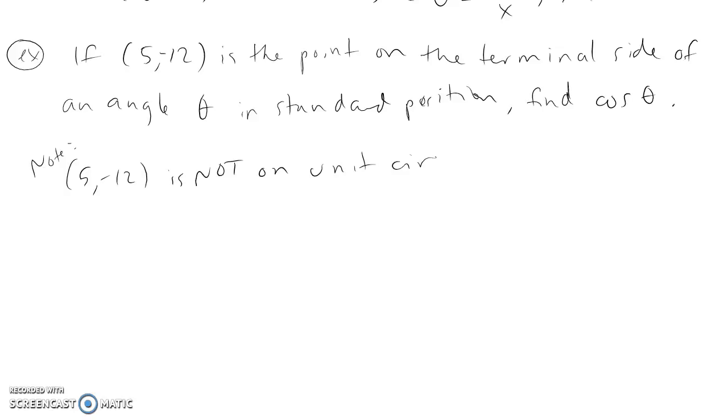How do we know that? Well, the unit circle has equation x squared plus y squared equals 1. So if (5, negative 12) was on the unit circle, then the point should satisfy the equation. And 5 squared plus negative 12 squared is definitely not 1.